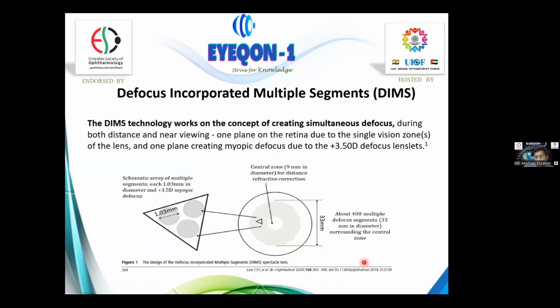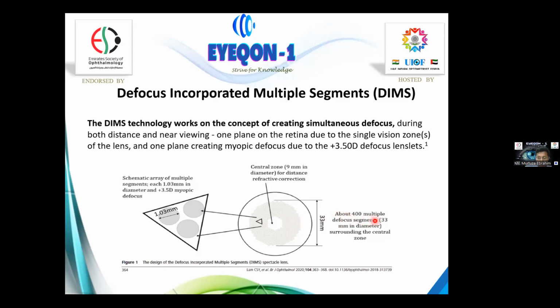Going ahead with DIMS, as I said, all these second generation lenses have 2 zones: a central clear zone and a treatment zone. To understand DIMS further, the central zone is 9 mm, and the treatment zone has a power of plus 3.5. The treatment zone creates a myopic defocus and thereby helps with controlling the myopia.